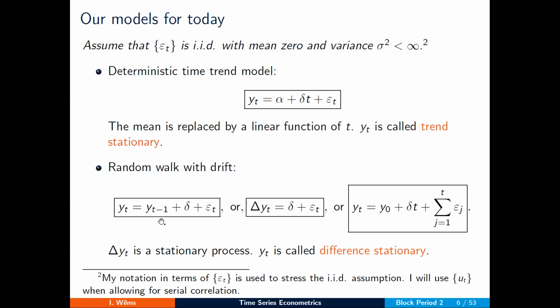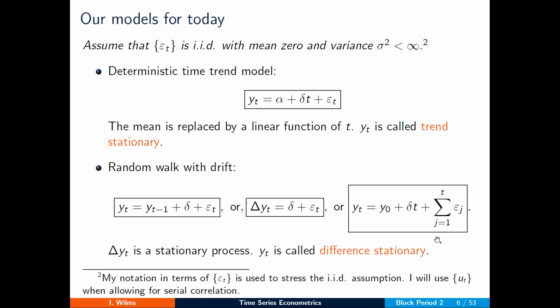So plug in the model equation for y_{t-1}, which is y_{t-2} plus delta plus the error at time point t minus 1, and so on. And then you will see that you have the trend term that is popping up, delta times t. And here is the partial sum of the error terms up until time point t appearing.